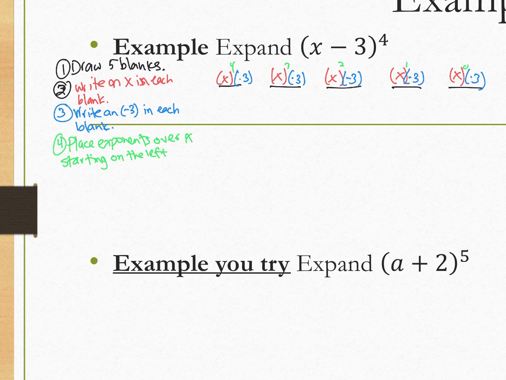And then we'll do the same thing for the second term, but we'll go the opposite way. So we're going to place exponents from right to left over the -3.